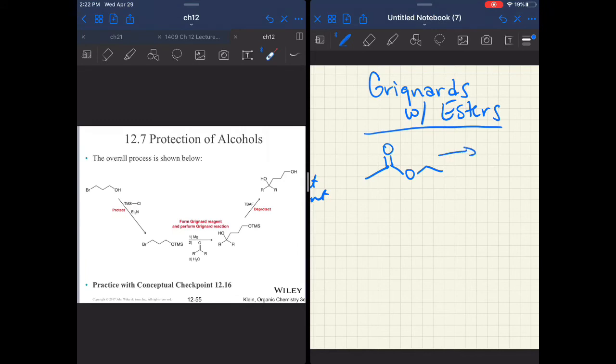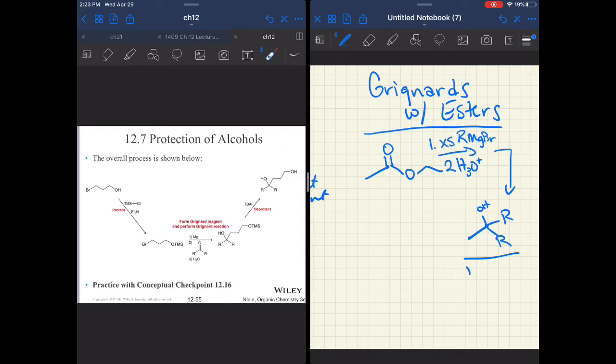If you treat an ester with a Grignard, and I'm going to say you're going to have an excess amount, just so you know you have plenty, MgBr. And then you work it up with your acid or your water. You are going to get your alcohol, but that R group is going to add 2 times.